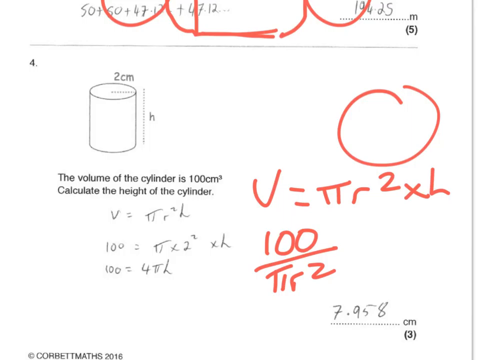So I'll quickly do it on the calculator: 100 divided by pi, times r squared, the radius is 2, square it, you get 4. And you get that answer right there, and you can round that answer off. There we go. That equals the perpendicular height.